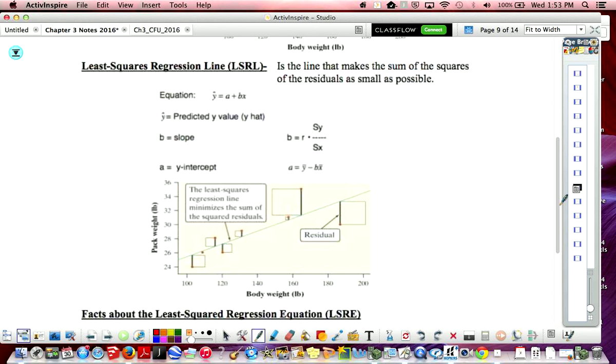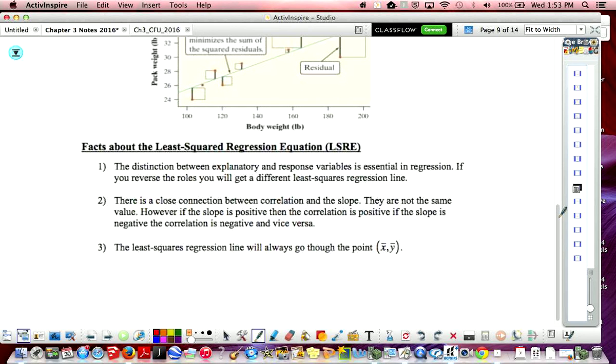Okay? Now, this particular equation has some facts about it that you should know. And these are three things that are important to know. First of all, it is unbelievably important that you make a distinction between the explanatory and response variable. We've defined what the explanatory variable was and the response variable. And it's very important to do that, because if you flip them around, you are not going to get the same equation.